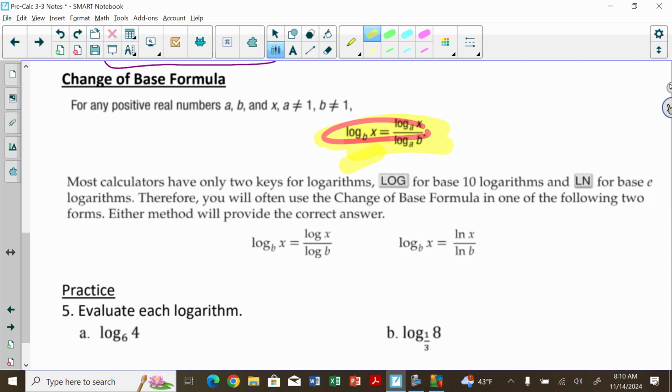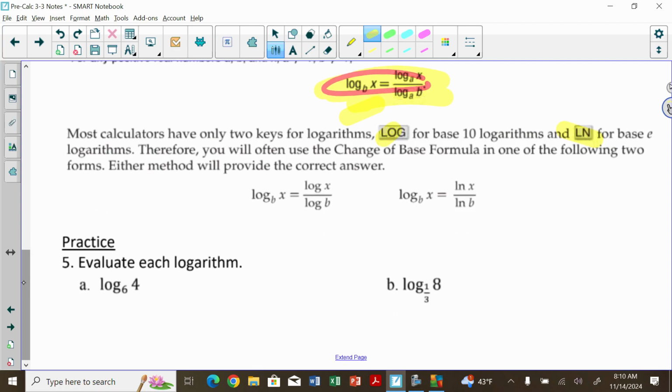Most calculators only have two keys, log and natural log, so either one fits. With the change of base formula, you can use either method: the log where you divide, or the natural logarithm, and it'll still work.